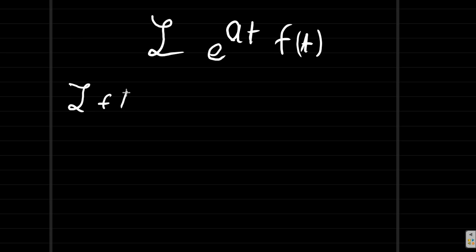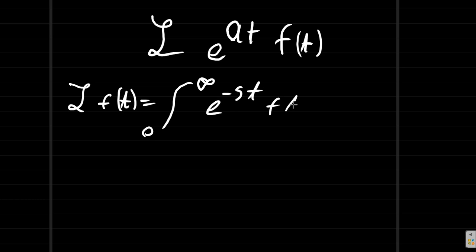of f of t is the integral from 0 to infinity of e to the negative st f of t dt. So that's the definition of the Laplace transform. Now let's look at this.